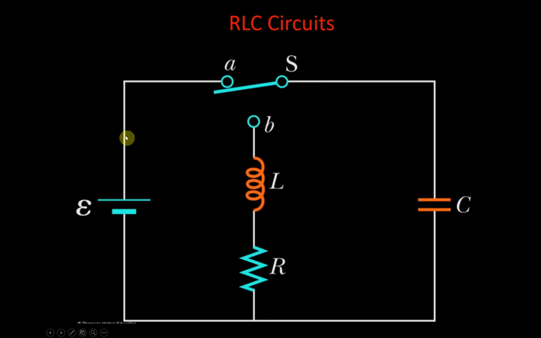So here we hook up our battery to our capacitor and store charge in it. Then we'll take this switch and flick it from point A to point B. That will cause electricity to flow from the capacitor very quickly through this L. And this L is an inductor. And what will happen here is this will generate, as the current moves through it, a little bit of magnetic field.